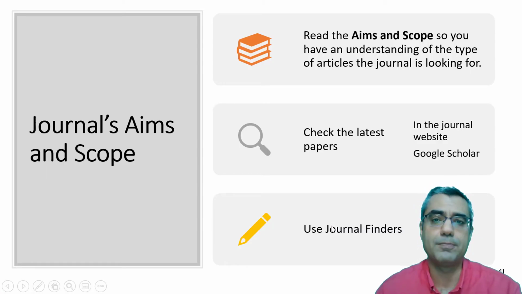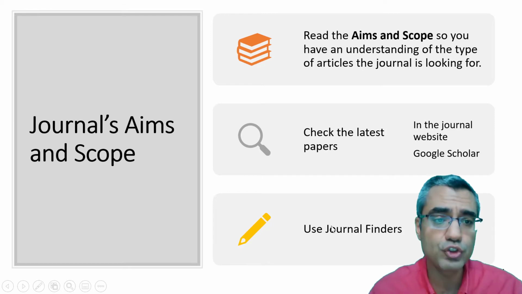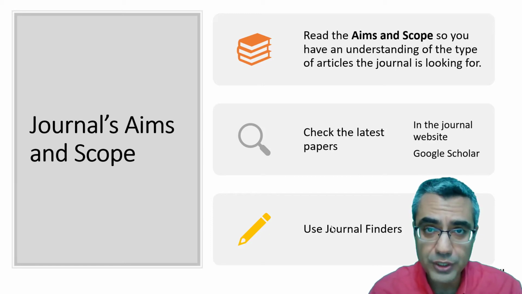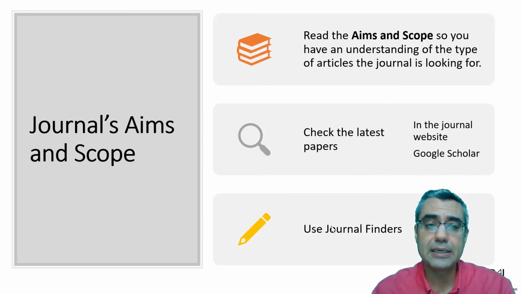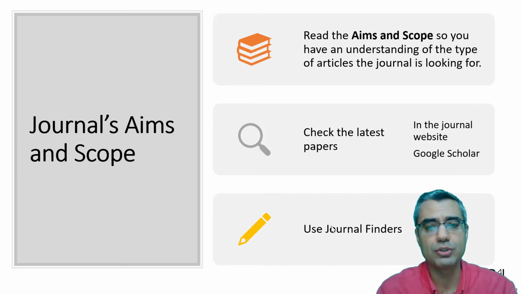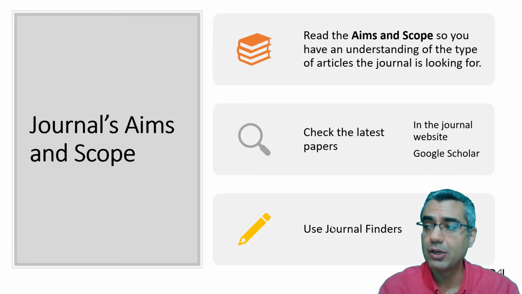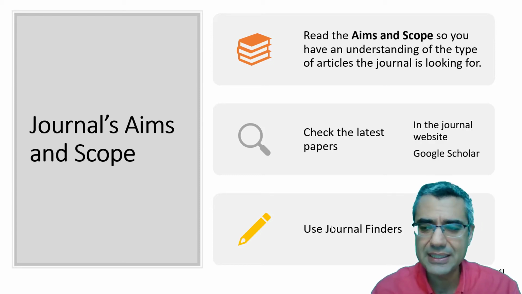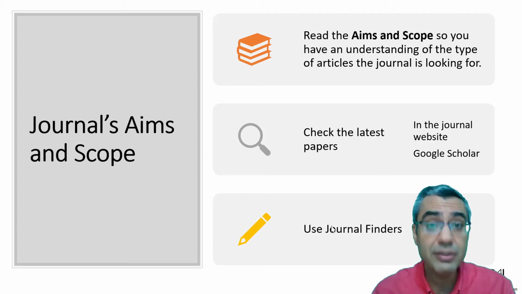And now, read the journal's aims and scope. Make sure the paper that you have written is in the scope of the journal. There are also some requirements, in line with the author's guidelines. Some journals, for example, clearly state that they do not accept any review papers.